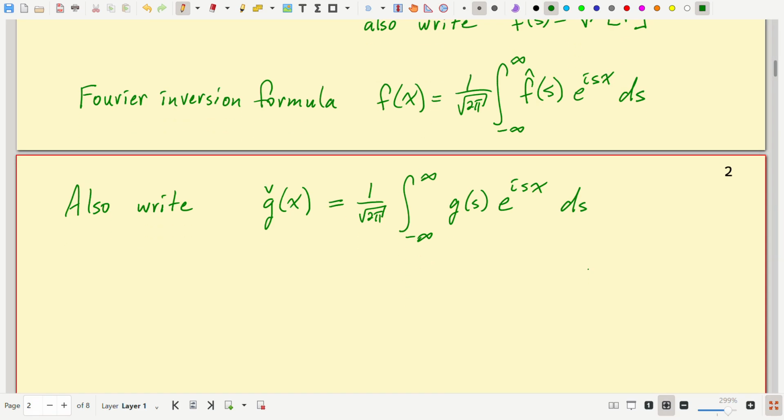So the upside down caret is the inverse of the Fourier transform. Another way we will write that is f inverse, the inverse Fourier transform. And it doesn't matter what you call the variable. The x could be any old variable you want. I could replace x by t, whatever you want.